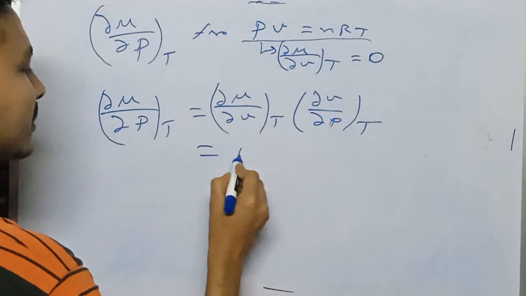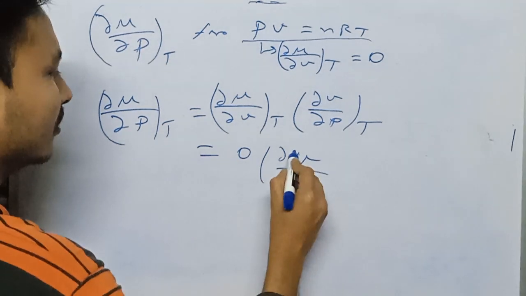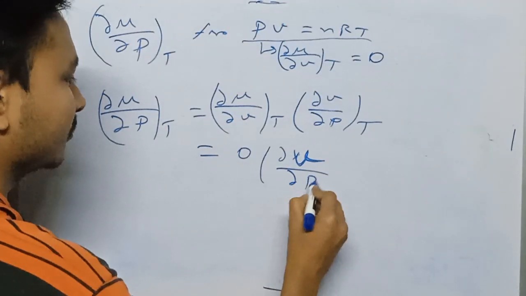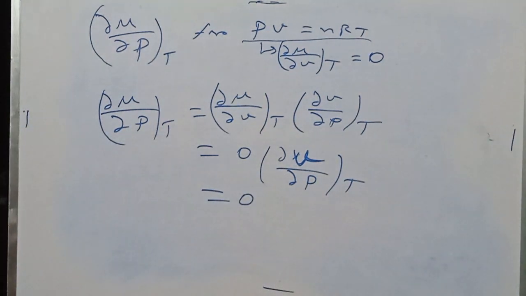So this gives 0 into ∂V/∂P, so the total is 0.